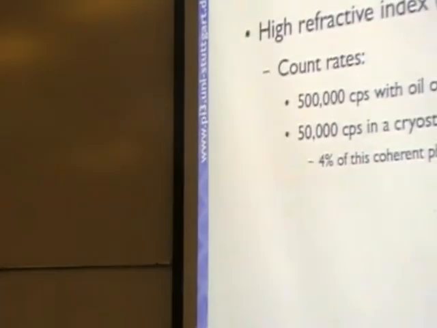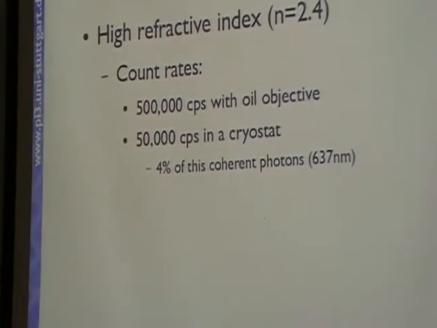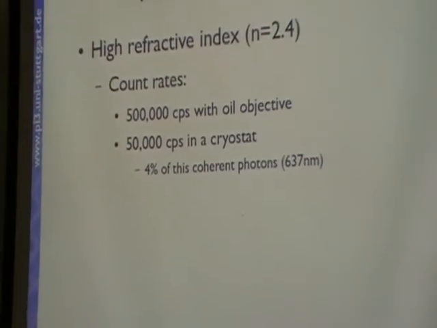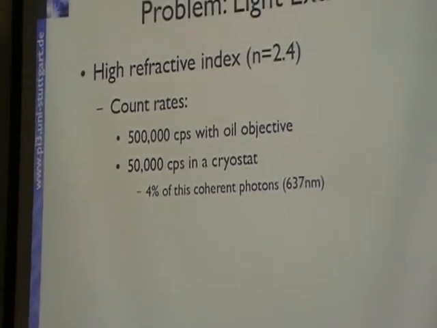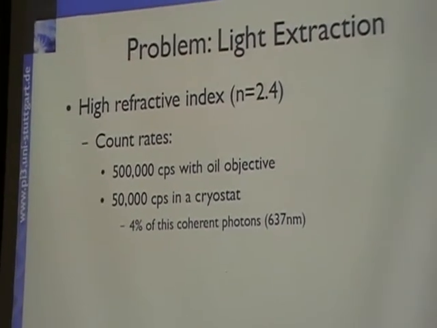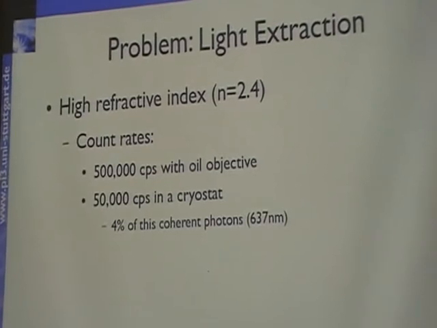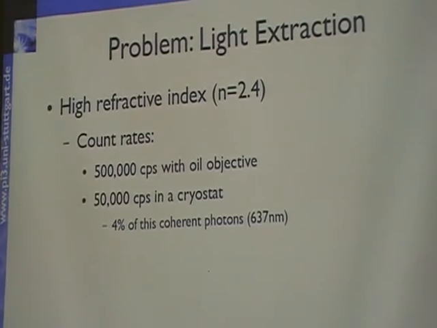So one big problem in general of diamond is that it has a very high refractive index of 2.4, and you get count rates of up to roughly 500,000 counts. This is the number of clicks you get on your detector. You know the effective T1 time of your system, which is the lifetime at room temperature, so you know roughly how many counts you would get, and this is only a tiny fraction.